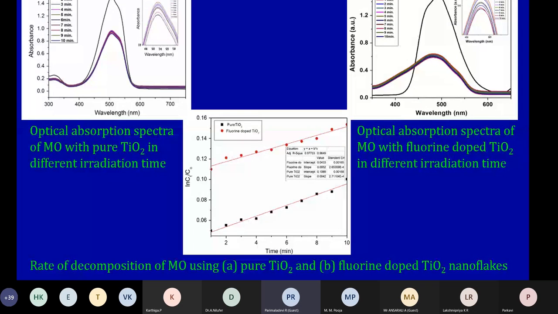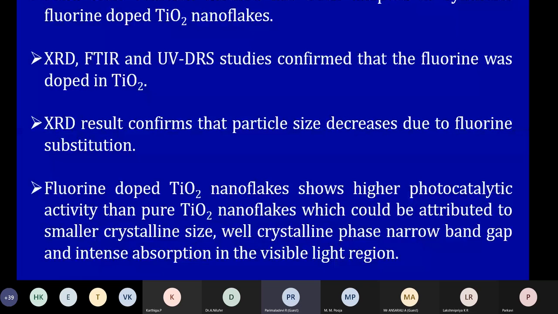From this we can identify that fluorine-doped TiO2 can be used to degrade the dye products available in textile industries. So this is the summary of that second work: we confirm that fluorine-doped TiO2 shows higher photocatalytic activity than pure titanium oxide nanoflakes, which could be attributed to smaller crystalline size, well-crystalline phase, band gap, and intense absorption in the visible light region.